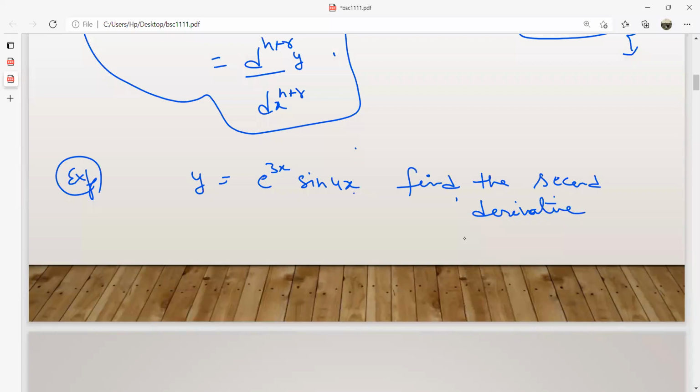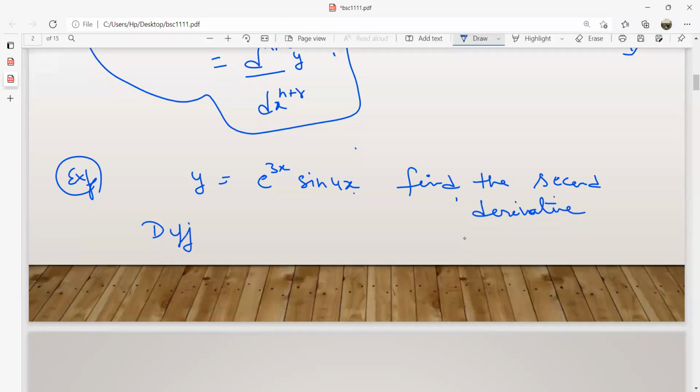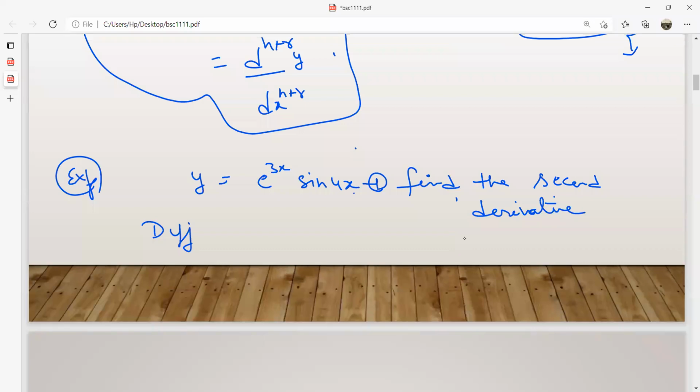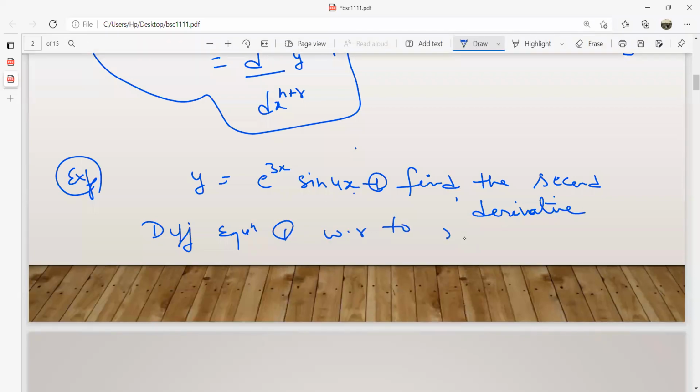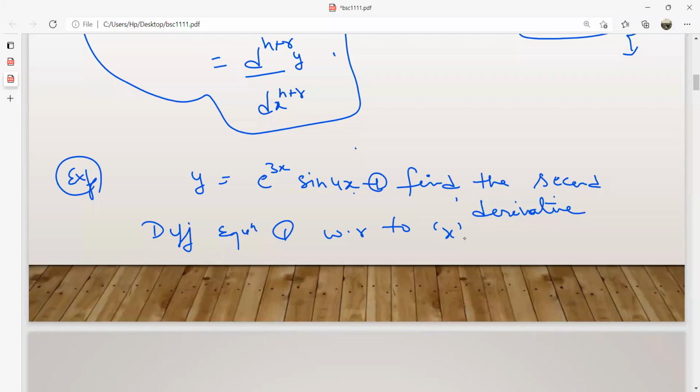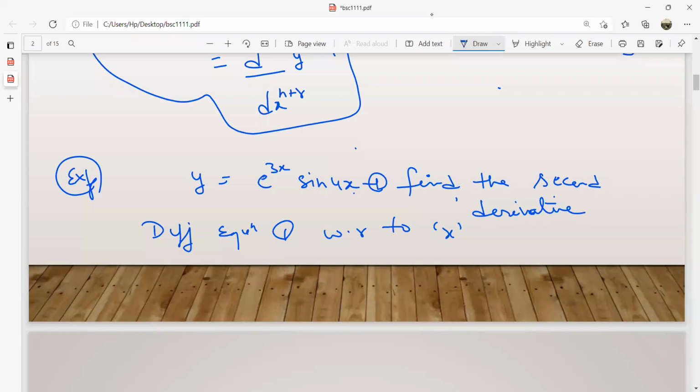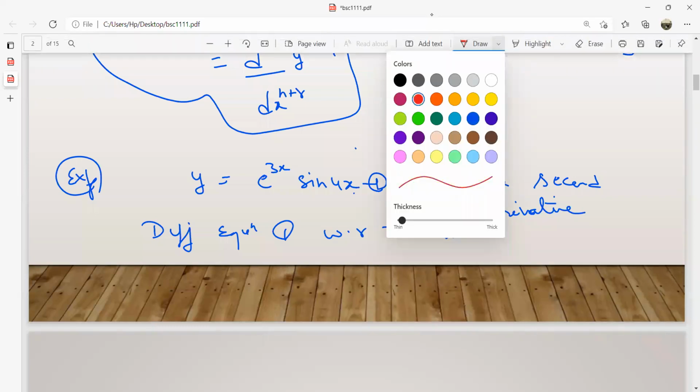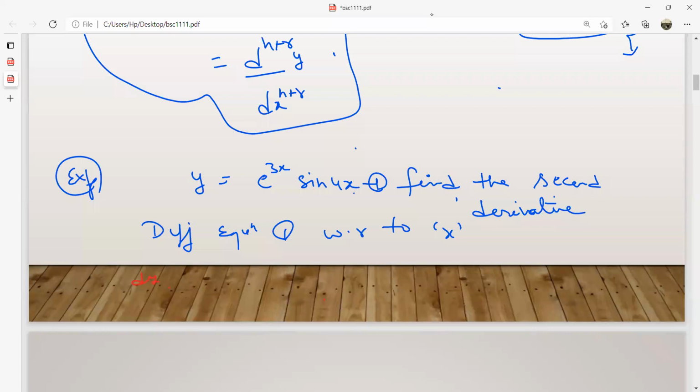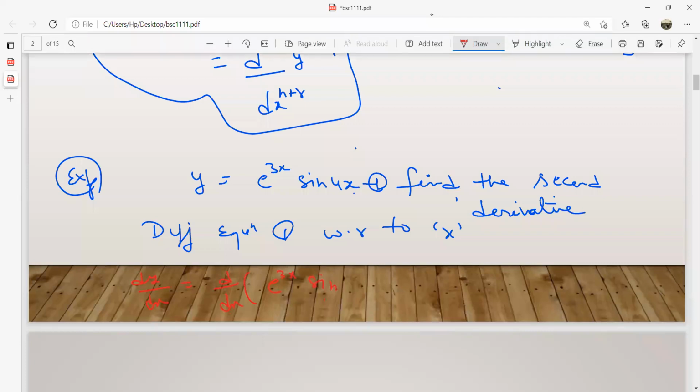Suppose this is equation number 1. Differentiate equation 1 with respect to x, because x is the independent variable. So we simply find dy by dx equal to d by dx of e to the power 3x into sine 4x.